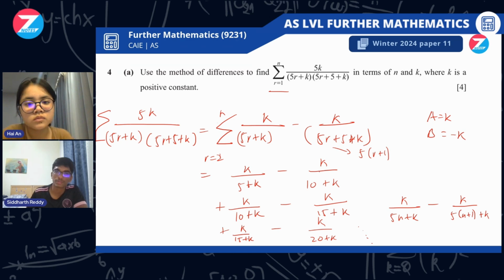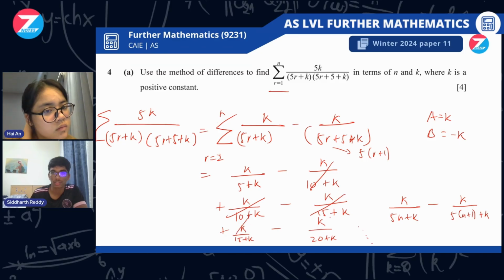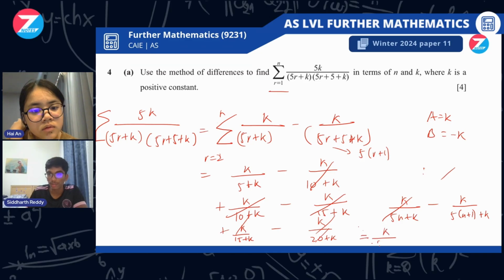So notice all this. This minus k by 10 plus k cancels with this, cancels with this, and so on and so forth, until we are left with just this part, k by 5 plus k minus k by 5 n plus 1 plus k.